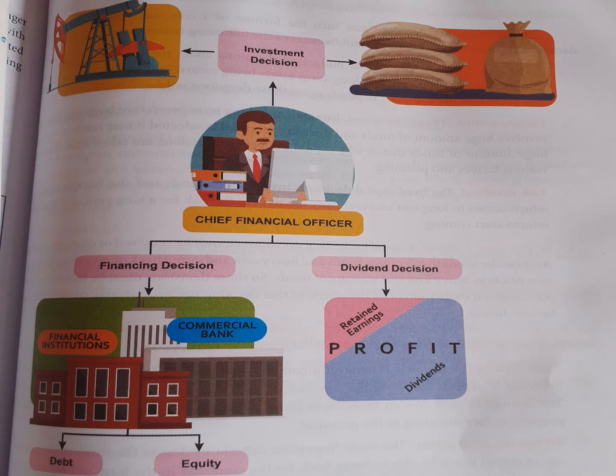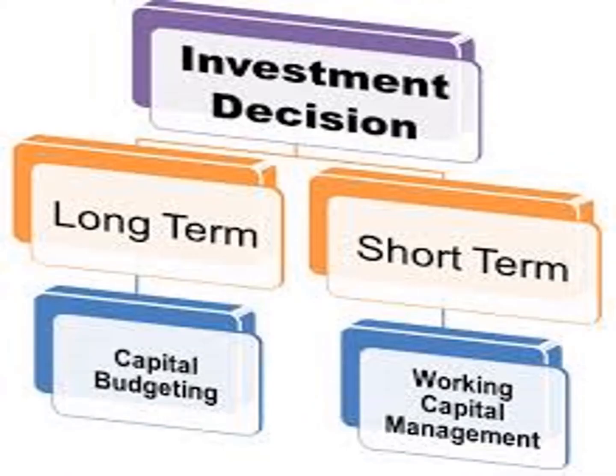And if we talk of dividend, what part of profit is to be retained and what is to be declared as dividend. Next is investment, what you are seeing, long term and short term, capital budgeting, working capital.